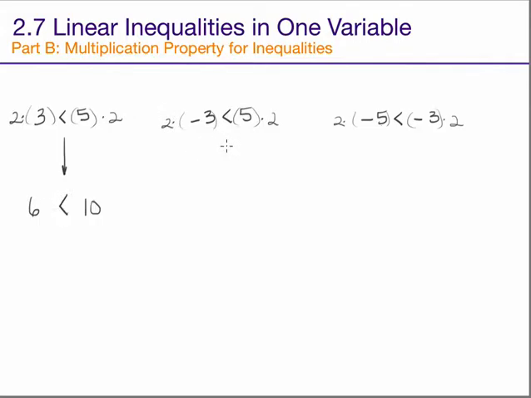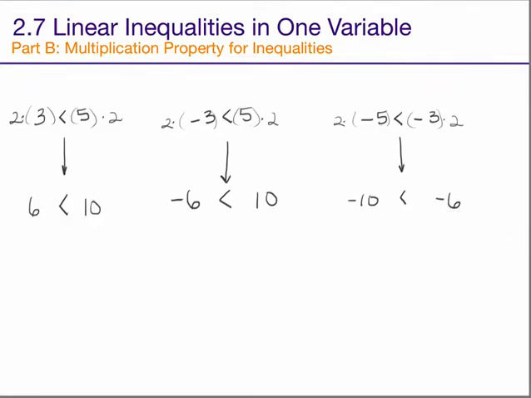For my second one, 2 times -3 is -6. 5 times 2 is 10, and any negative number is still smaller than any positive number. So this inequality is still true. For my last one, I get -10 and -6. And although -10 is bigger in absolute value than -6, it's farther to the left on the number line, so it's also still smaller than -6.